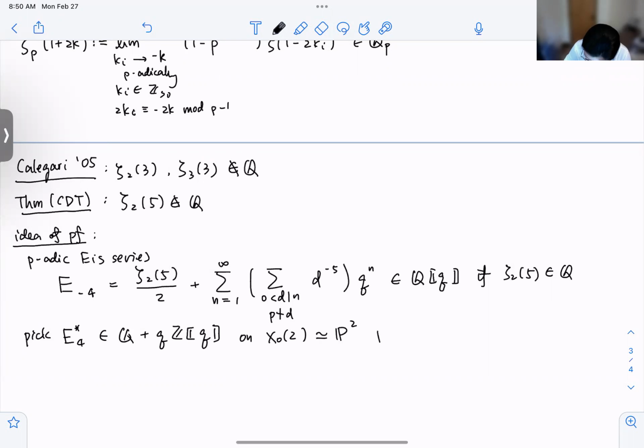And then we pick the coordinate, sorry, P1. And then we pick the coordinate x(q) to be delta 2 tau over delta tau. And this one still has a very nice q-expansion.